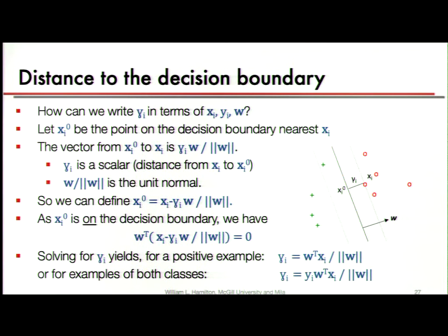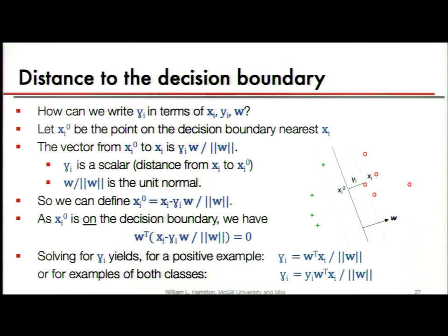So taking xi naught dot product with our parameter vector must be 0. Again, because w is the normal to this plane, and also, this is by definition how we specified what w is going to be. So we know that w times xi naught, which is equal to this, has to be 0. That gives us this relation.